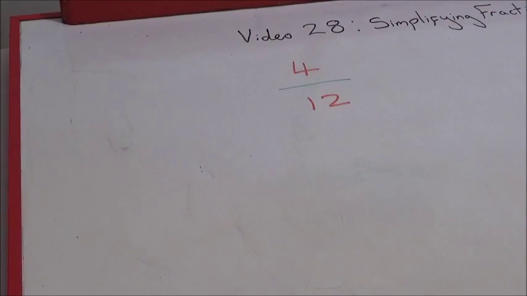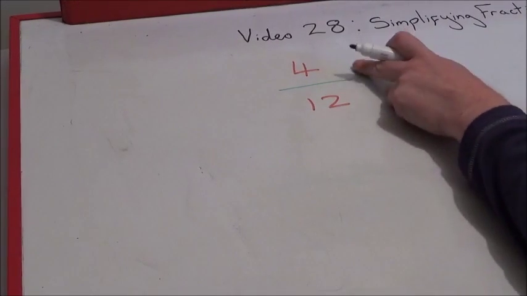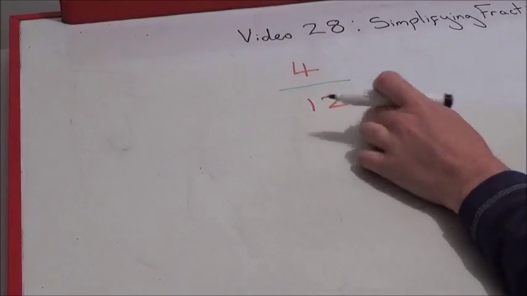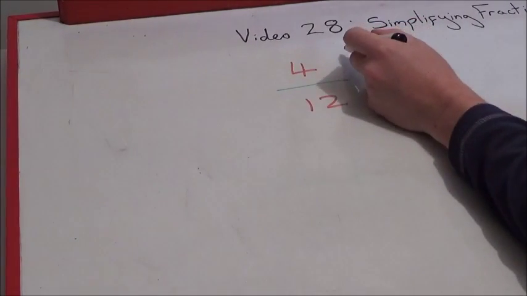Right, now the first way I'm going to show you is not really the fluent way, but it is a way of almost chunking it down. So the first thing I can do is I could divide, these are both even numbers, so I know I can divide both of these by 2. So I'm going to do that.